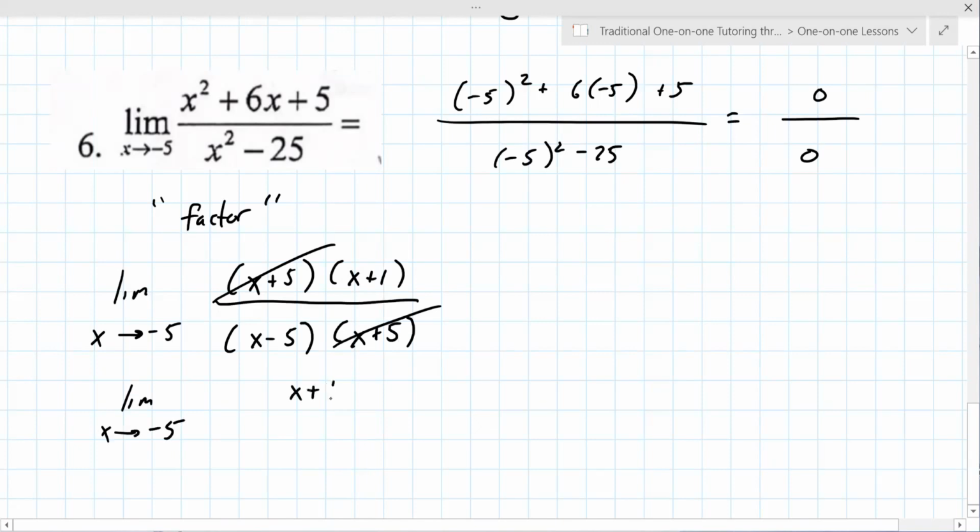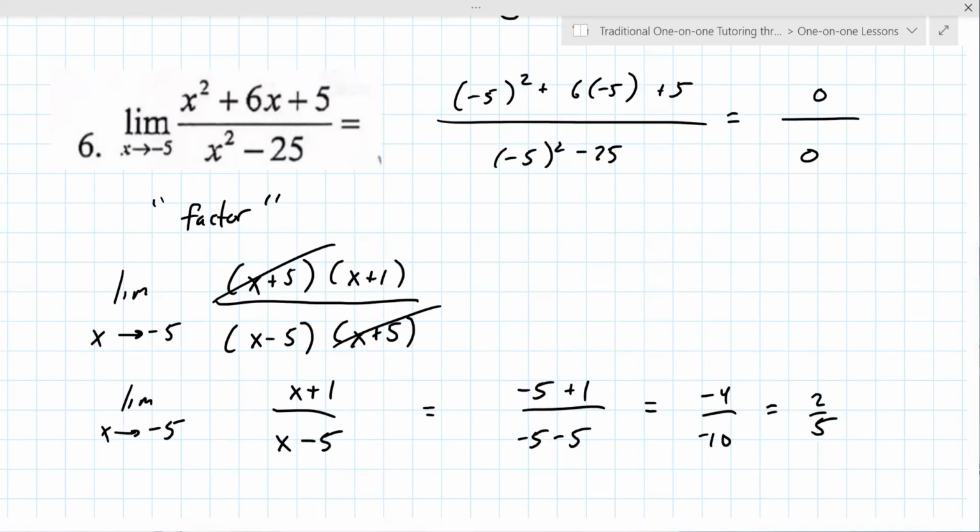Does it work? x plus 1 over x minus 5. So that's -4 over -10, so 4/10, or 2/5. All right, so try this one on your own.